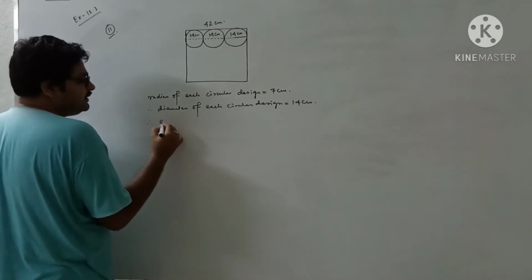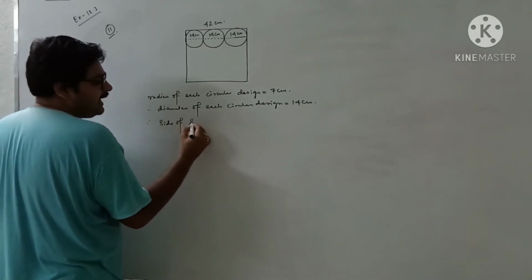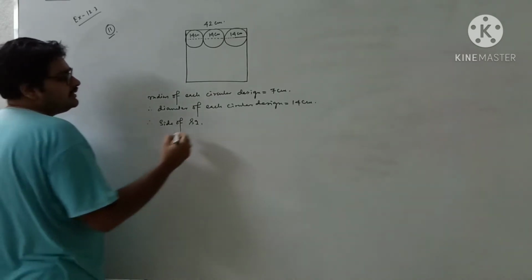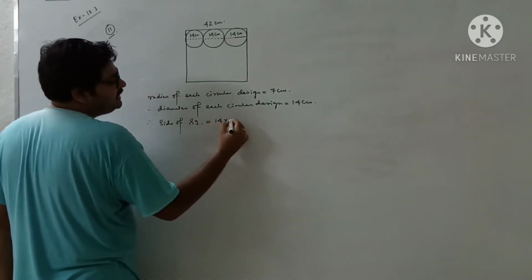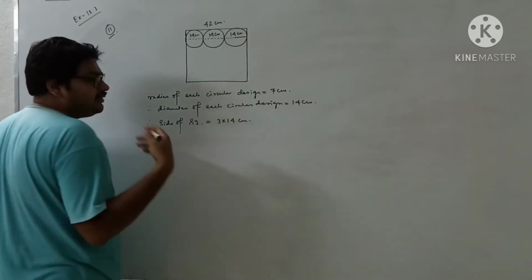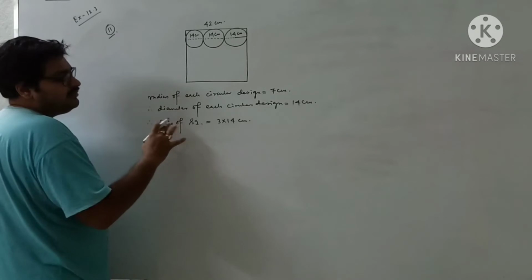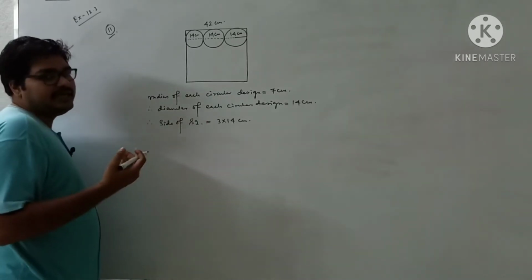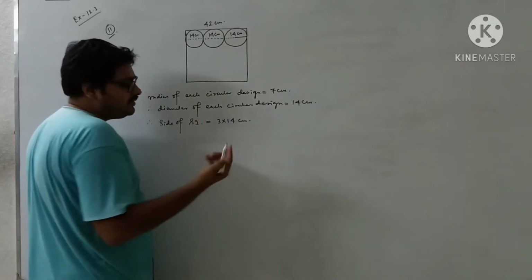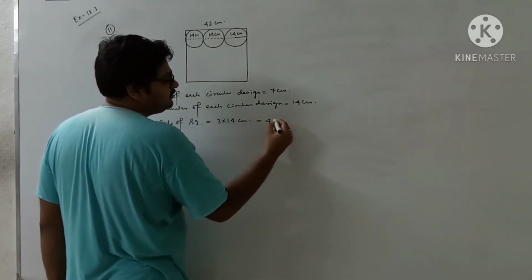Therefore, side of square, as we have already done the diagram, so we need not explain how we got the side of the square. Side of square equal to 3 into 14 centimeters. Do remember, during your explanation, if you draw the diagram like that, you need not explain much more than how you got the side length as 42, because you have already shown that this is 14, 14 and 14, and 14 into 3 means 42.